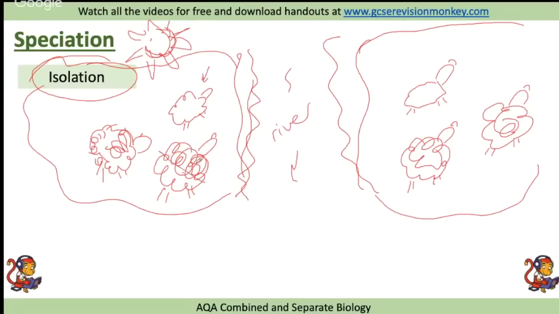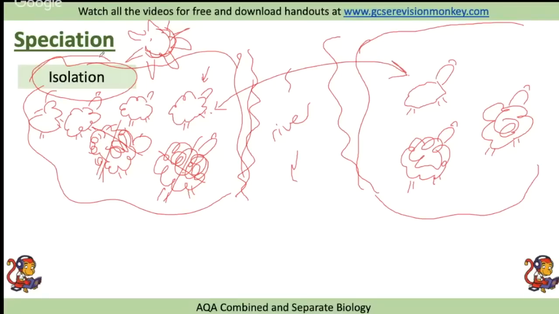So gradually over thousands of years, these thick-furred sheep would die out and you'd have the normal sheep or the non-thick-furred sheep surviving and reproducing and being more common in the population. So you could get a change where actually when these sheep were to meet again, it could be that they can't breed anymore because they're so different that they're actually now a new species.